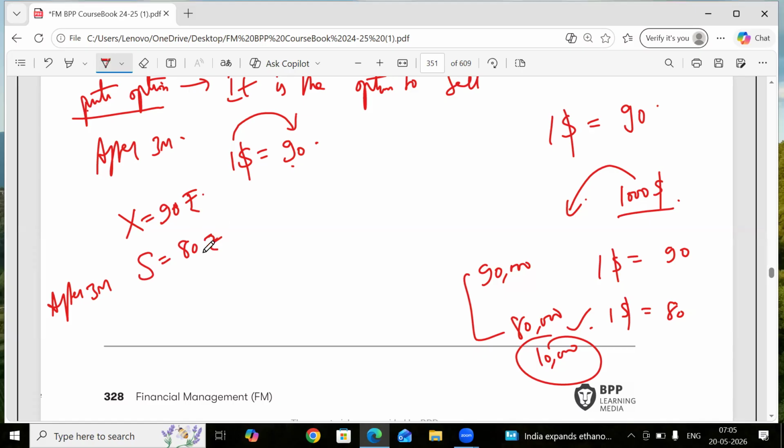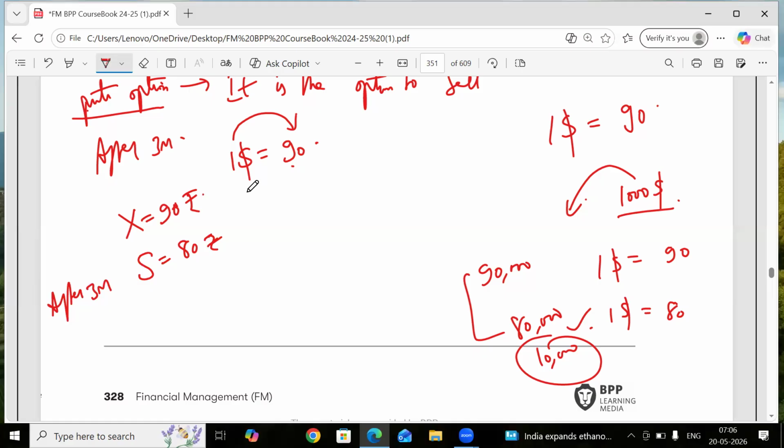That means if anyone wants to purchase a dollar, or if someone gets dollar from US, if they sell that dollar to bank, bank will give them 80 rupees. Okay. But you fixed the dollar price for what? If you sell dollar, you should get how much? 90. Today it is 80.